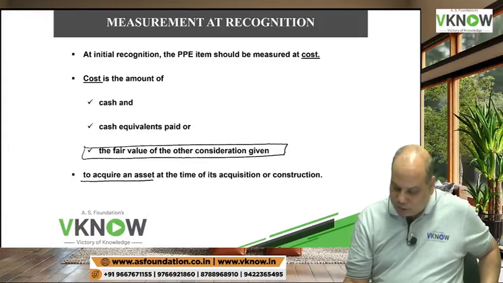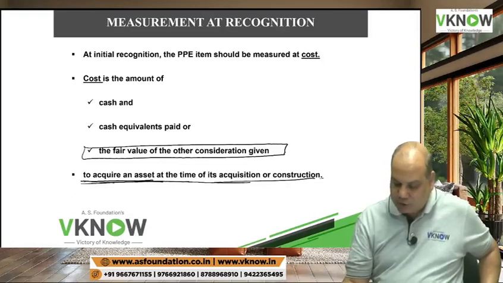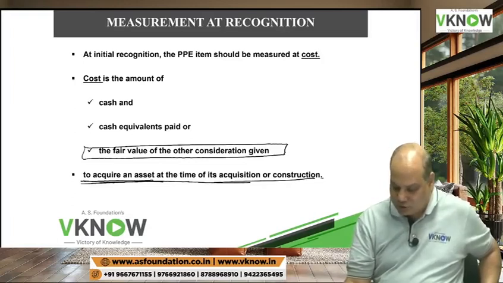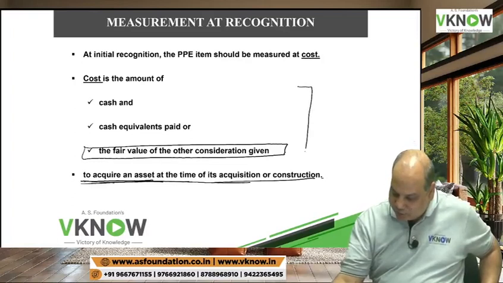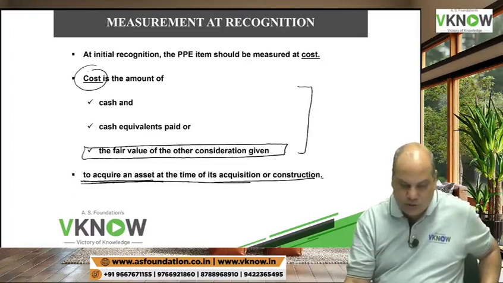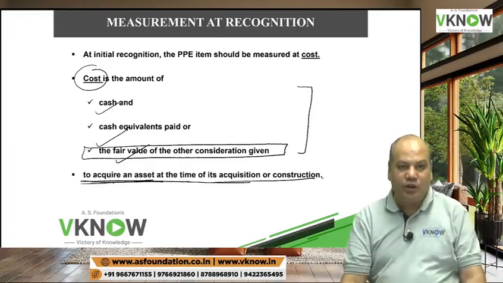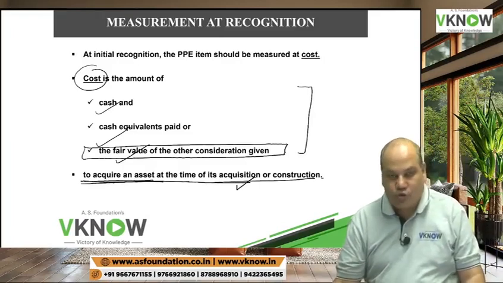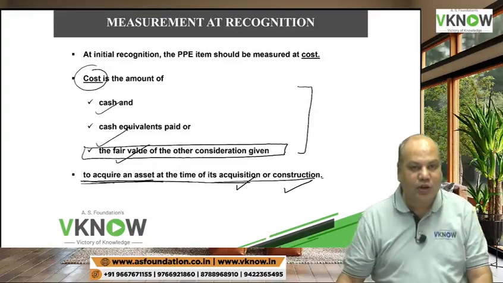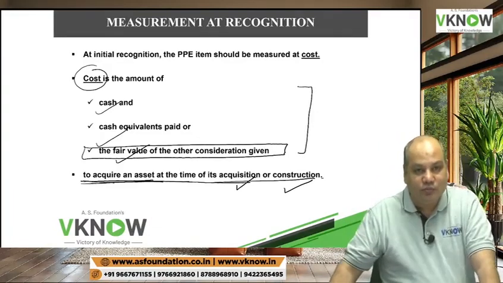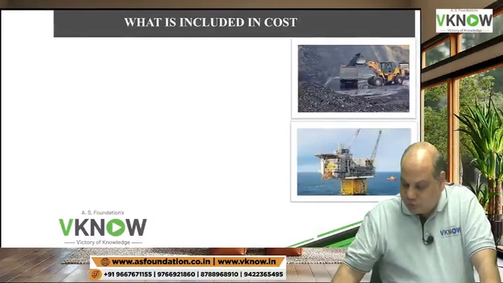Cost is the amount paid to acquire an asset at the time of acquisition or construction. This is the definition of cost. Once again: cash paid, cash equivalent paid, and fair value of any other consideration paid to acquire or construct an asset, that is called the cost of an asset.